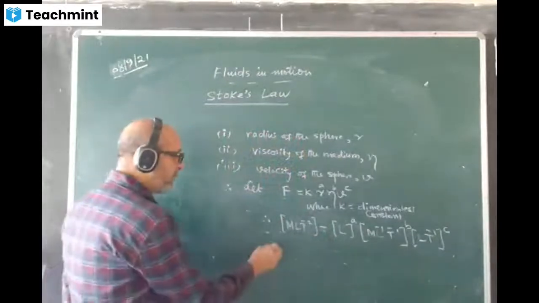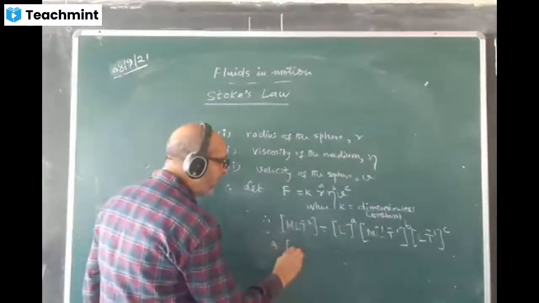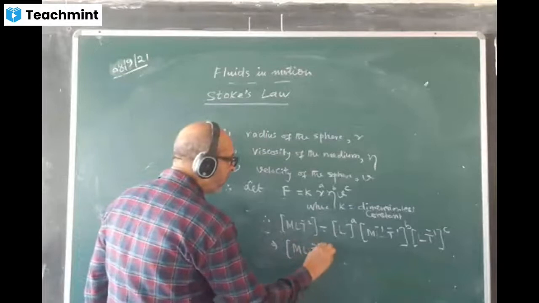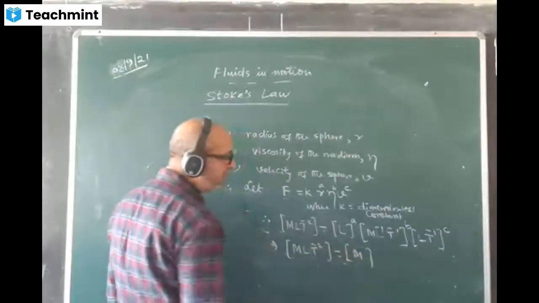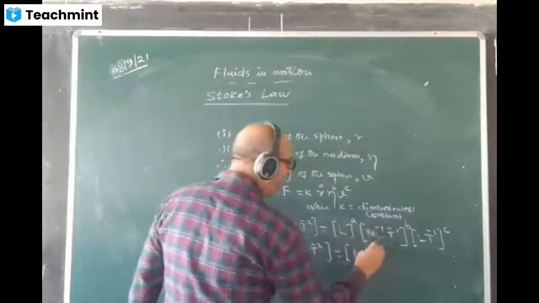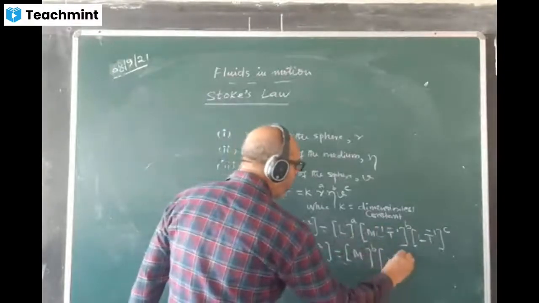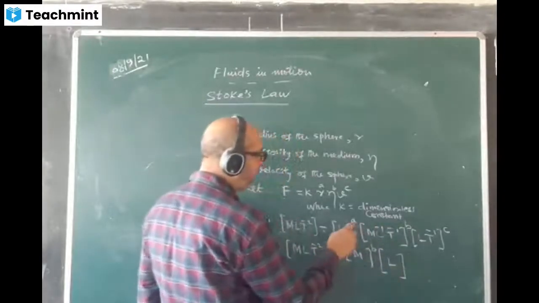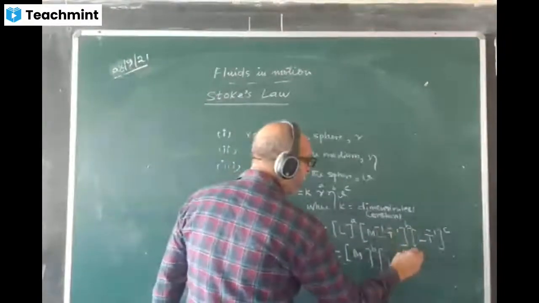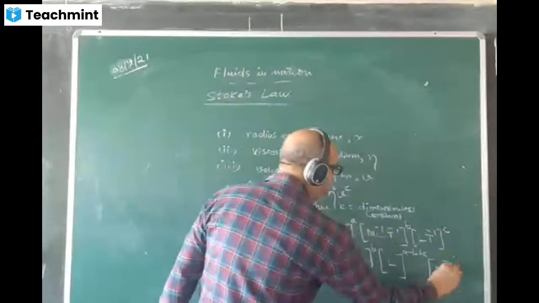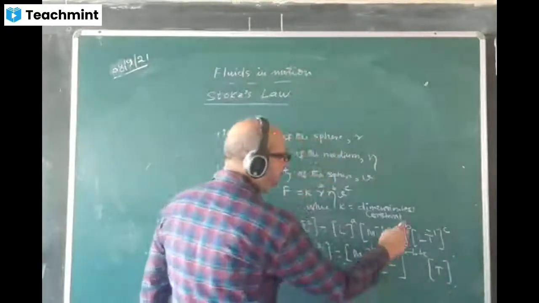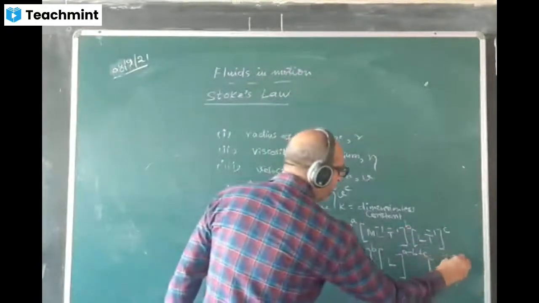Now we collect the powers of M, L, T on the right hand side. The power of M is only b. The power of L is a minus b plus c, and the power of T is minus b minus c.